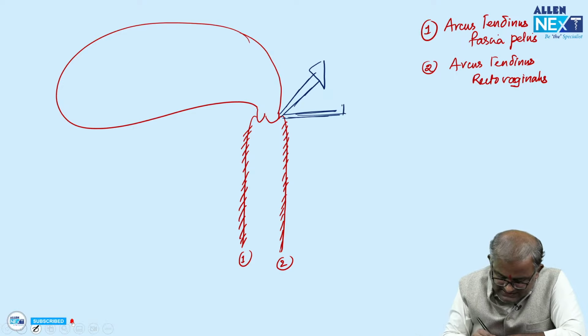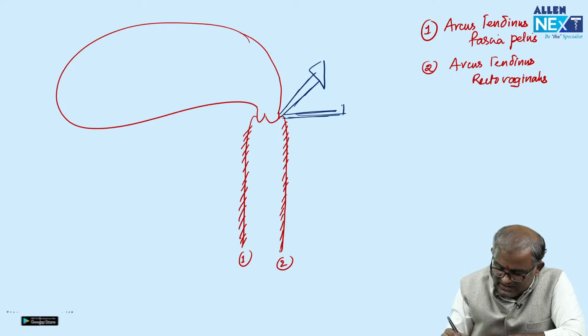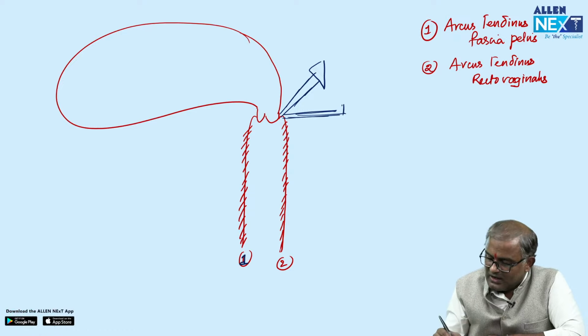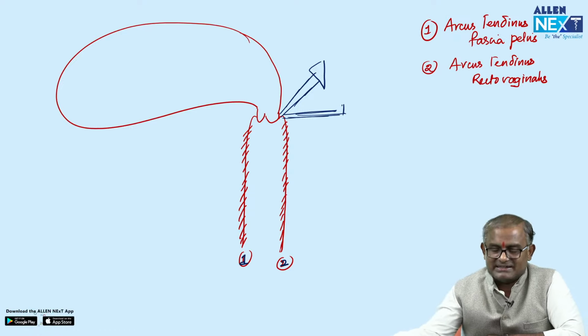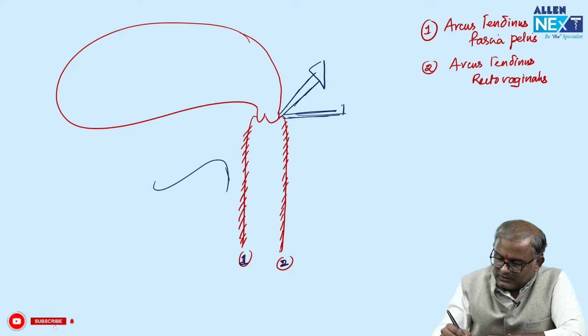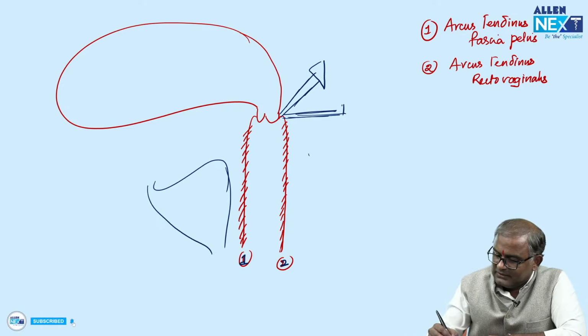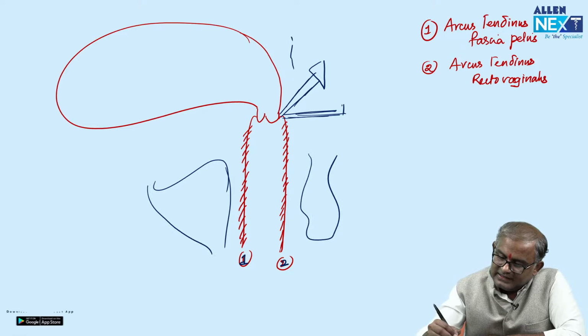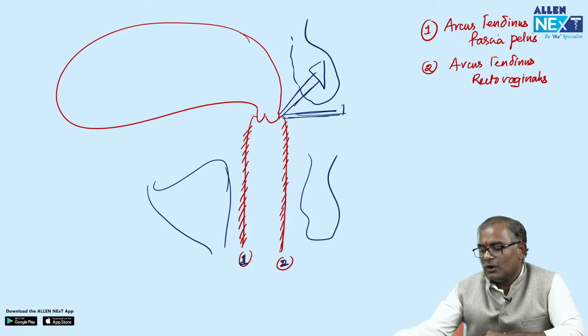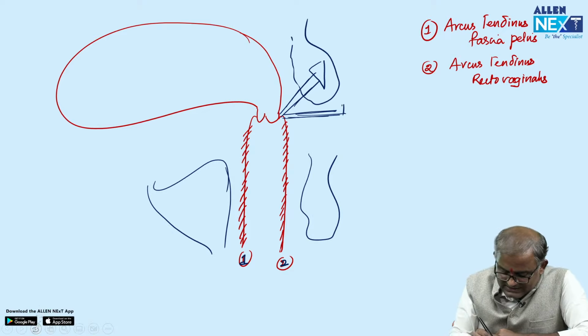So number 1 is arcus tendineus fascia pelvis. Number 2 is arcus tendineus rectovaginalis. Now here there will be what, doctor? Bladder, and there will be what? Rectum, and here there will be bowel.